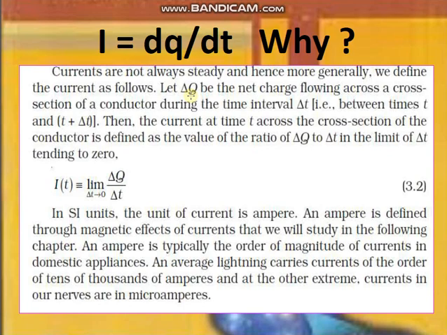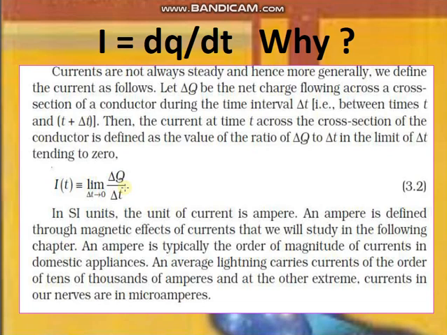At any instant of time, the amount of charge is different, and at other instant of time it is varying. Then we have to take its instant value. This I(t) is equal to limit delta t approaches 0 of delta q by delta t. This is instantaneous value of current at any time t. That's why it is better to take this value.